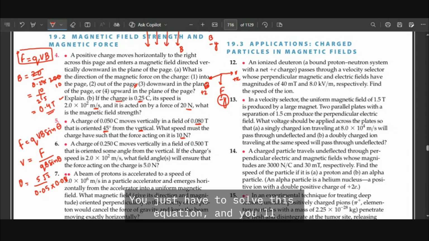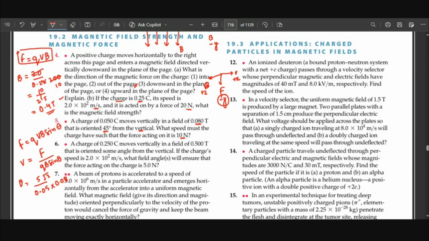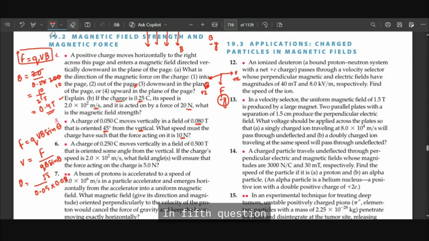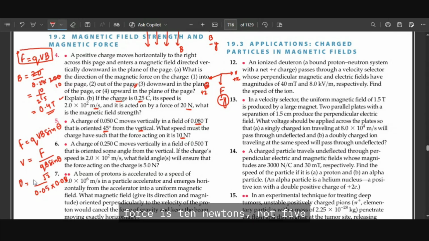You just have to solve this equation and you'll have your answer. In the fifth question, force is 10 newtons, not 5.